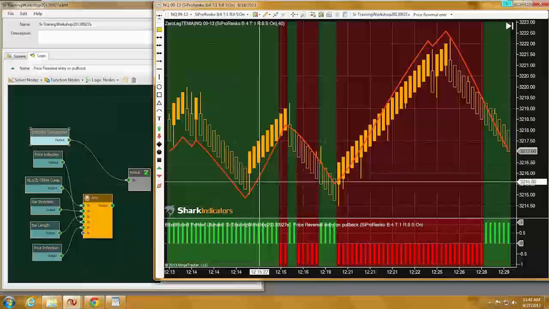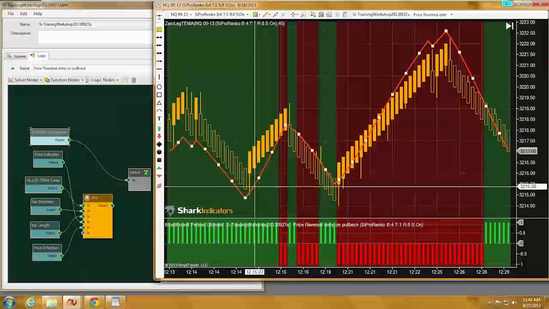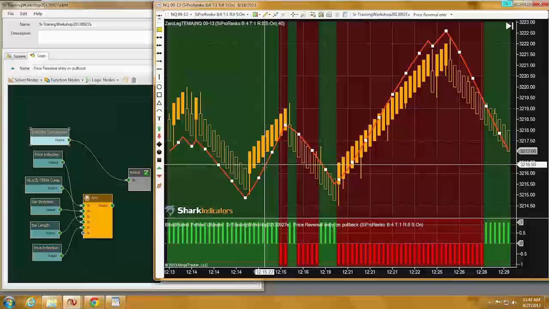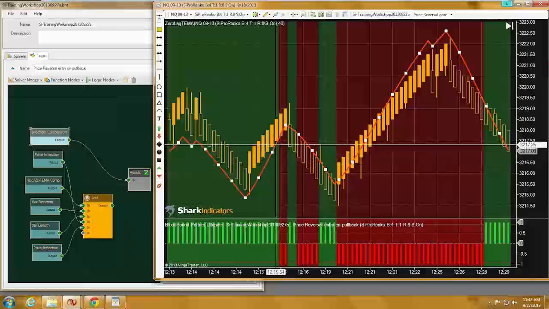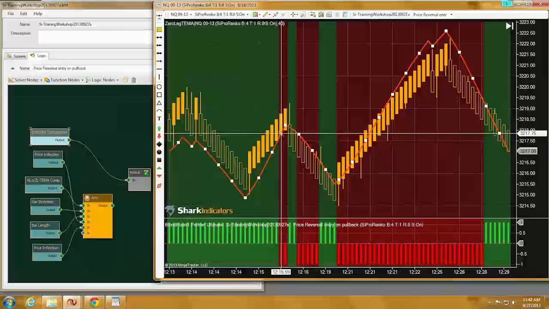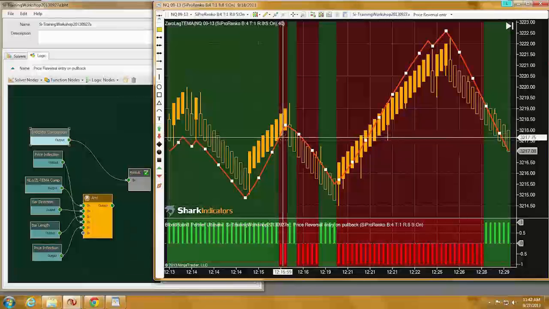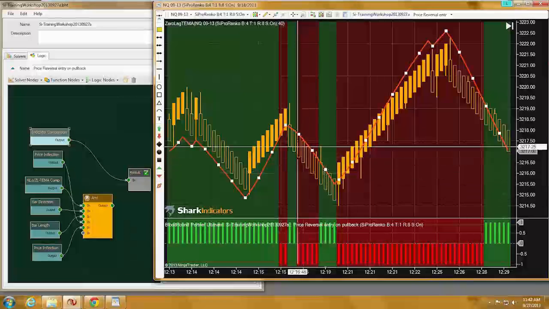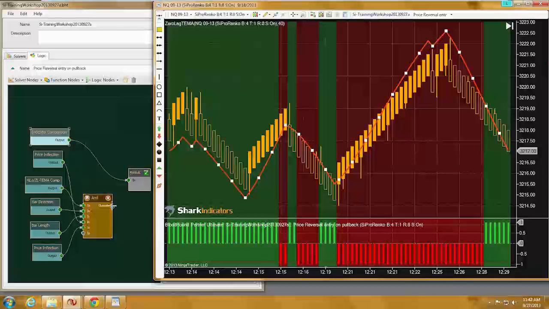Yeah, so this is working. I can see that the moving average is below the opening price, and we're getting a long signal, so that's correct. And until the moving average gets above our opening price, and then it gives me a short signal. Yeah, so this is working good as far as building a filter.